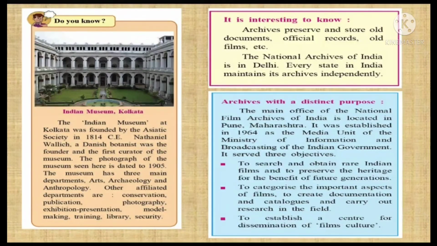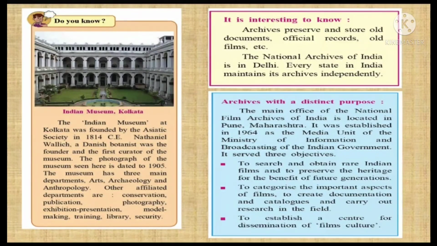The National Archives of India is in Delhi. However, every state in India maintains its archives independently. If within the state there are various archives that need to be preserved and documented, then it goes to state archives.